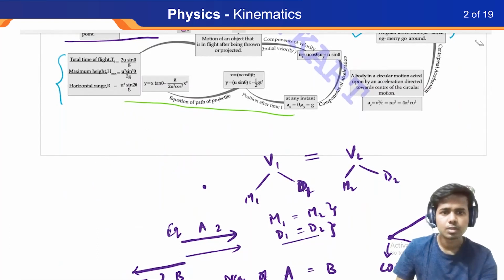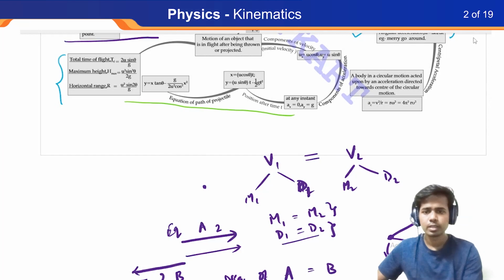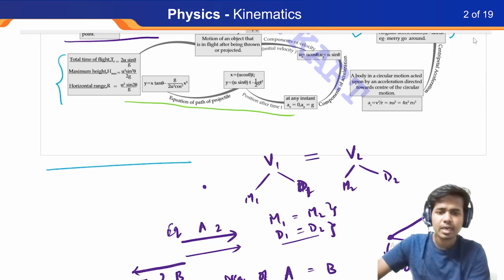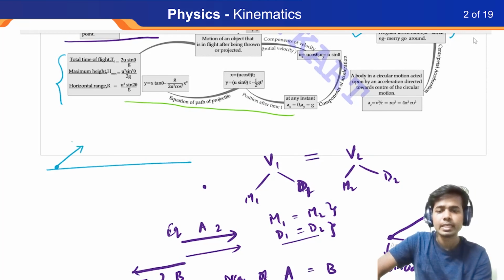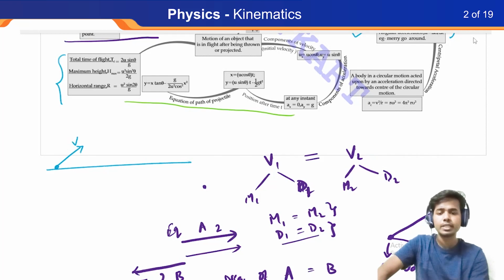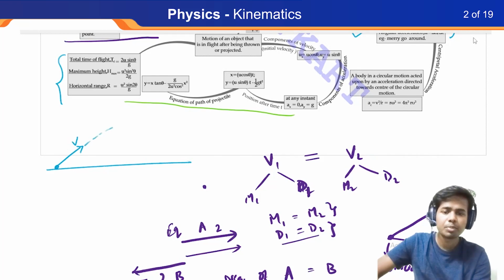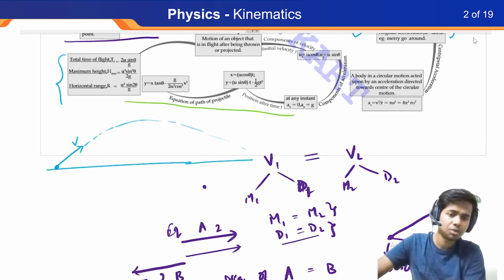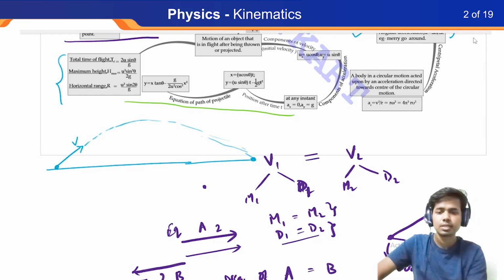So if this is the ground, and with a particular velocity you have thrown an object, it should perform a parabolic path, and it should fall down on the ground, right? There are three things here.